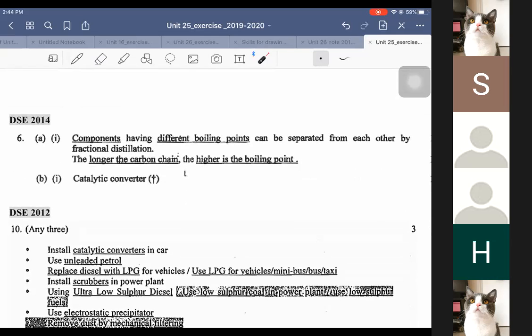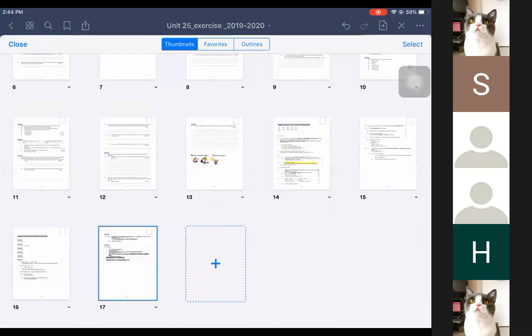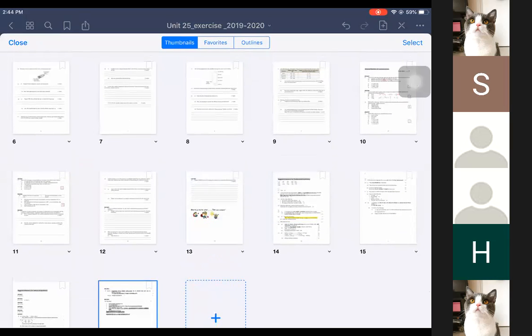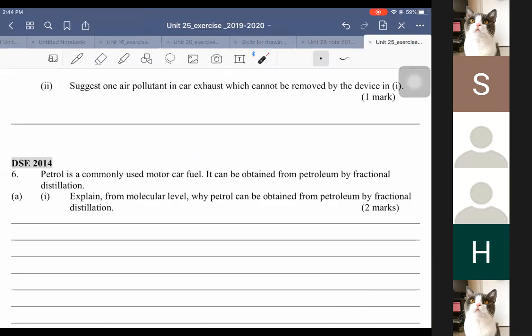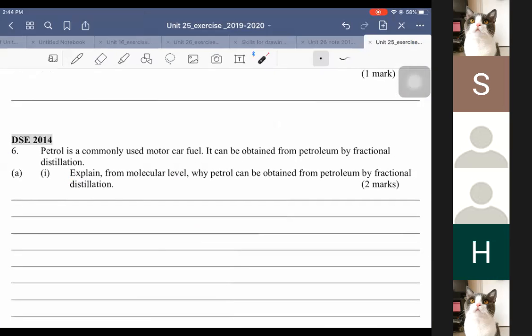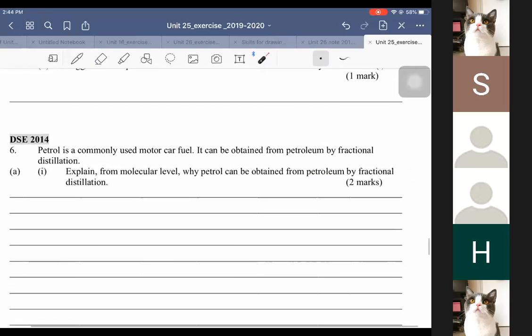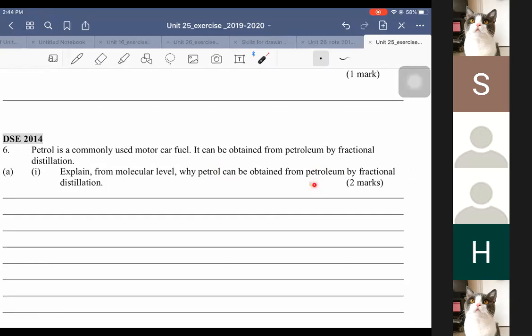And one more question I want to mention is question 6. Okay, so take a look at the question. What does it say? For question 6, it asks you to explain from molecular level why petrol can be obtained from petroleum by fractional distillation. So you cannot just simply describe the principle of fractional distillation in general. You need to refer back to these two examples, petrol and petroleum.